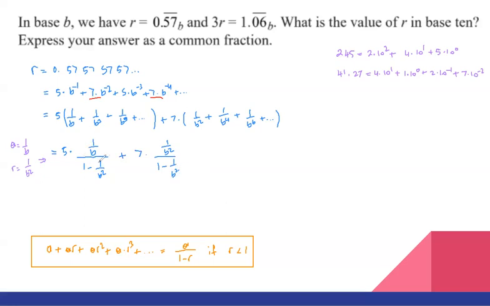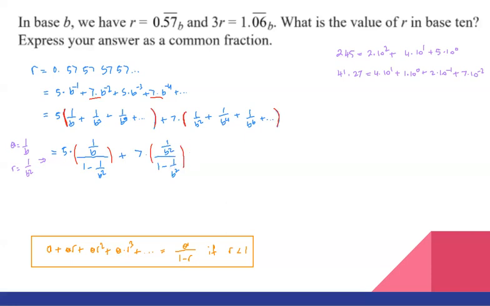And this parenthesis is the same as this one. The inside of the first parenthesis is right here, and the inside of the second parenthesis is the same as this fraction.